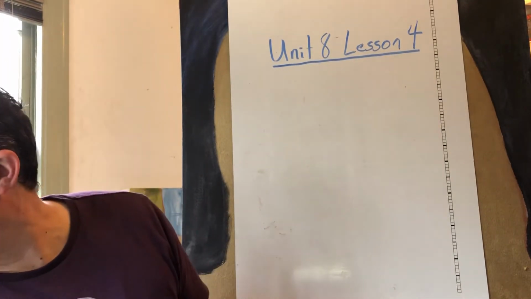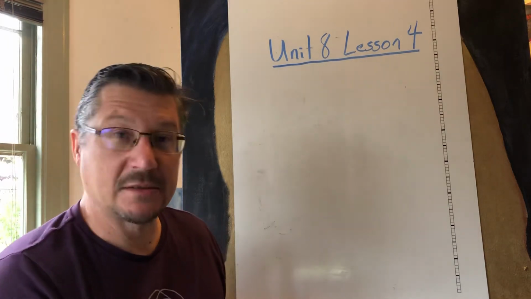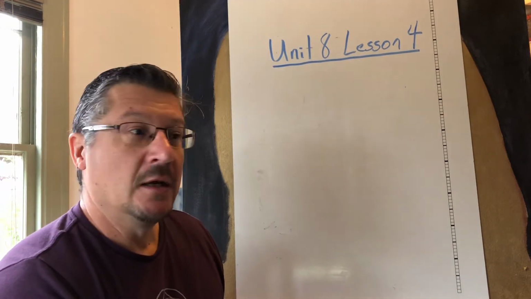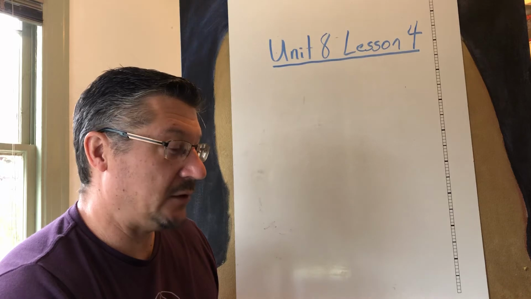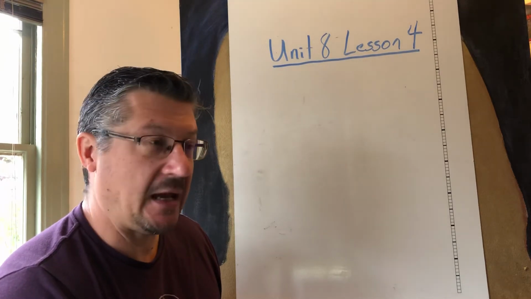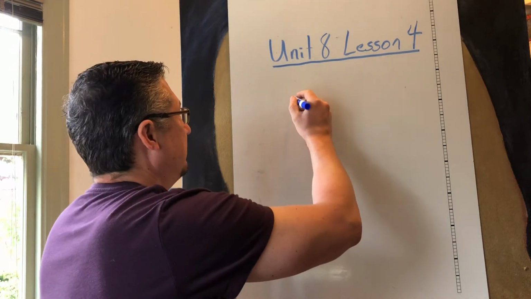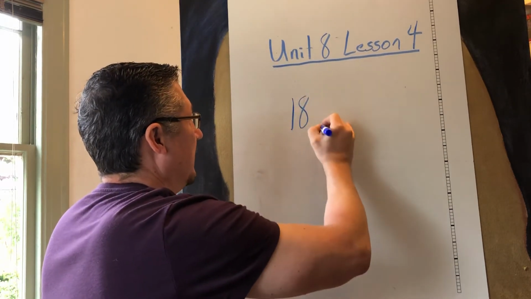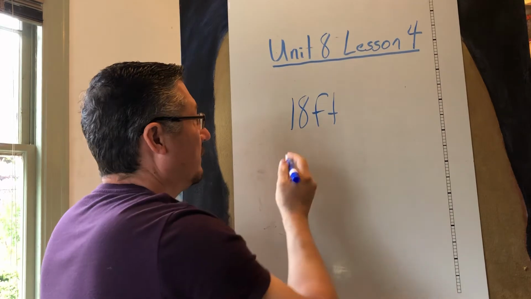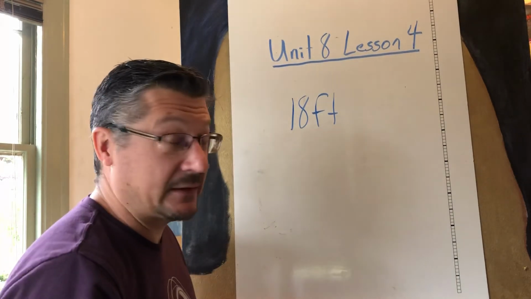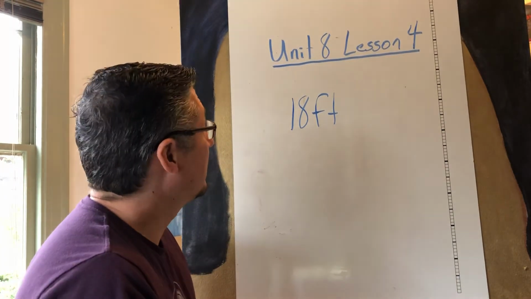So I'll just paraphrase one, which means I'm going to just put it in my own words. So let's say you're going to make a banner, and you need a banner that is 18 feet. Okay, so I'm making a banner for a promotion, which I don't know if we're going to have this year, but promotion.